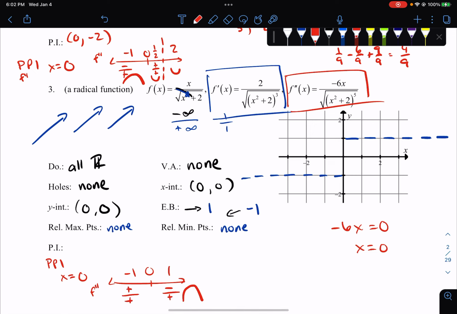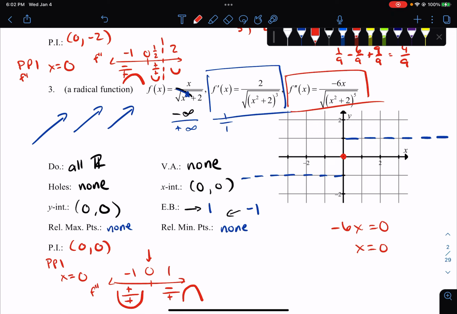I still have a positive on the bottom. So this section, it's concave up. So that does mean here is a point of inflection. At 0, we already know what it is, at 0, 0. That is a point of inflection. So this point right here is my x-intercept, it is my y-intercept, and it's also a point of inflection.